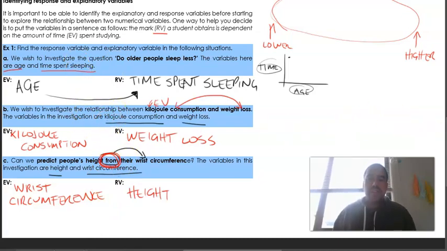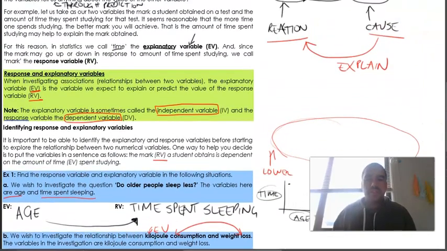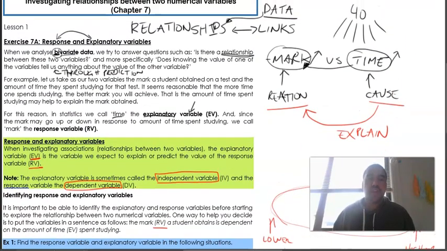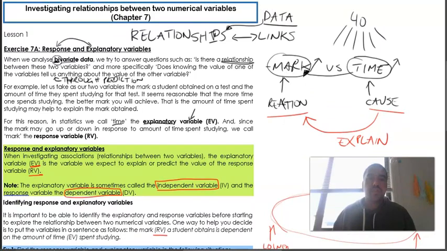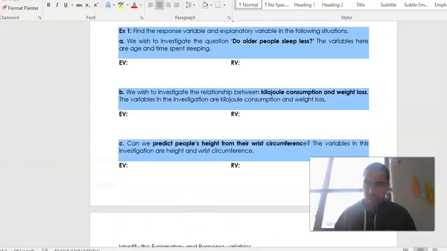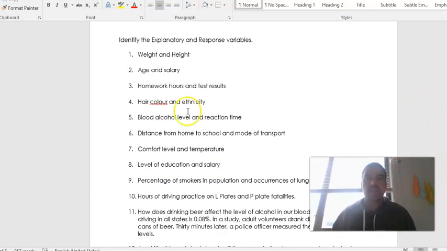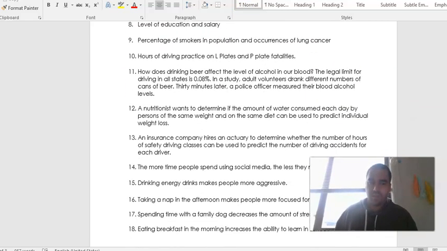Now, a lot to take in, okay? There is a lot of information between the difference between the two. You will get within your log sheet that you only have to do question 1, but also, I'll just pop it up here. You will also be getting this sheet that is attached to lesson 1, and you're just identifying the difference between EV and RV for these, I think it's 18?